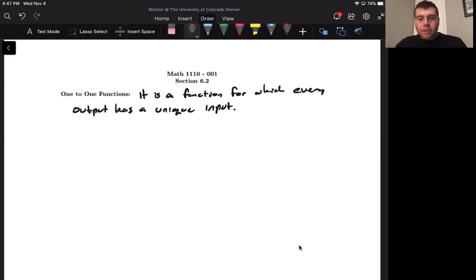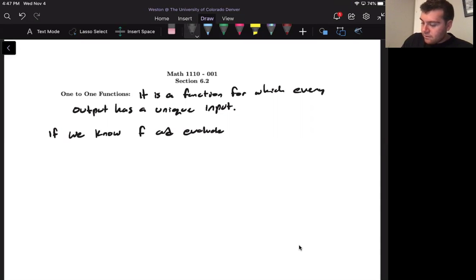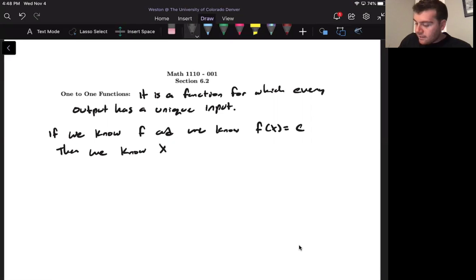Now for every output, we also have a unique input, meaning that if we know f and we know that f of x equals some number c, then we know x.